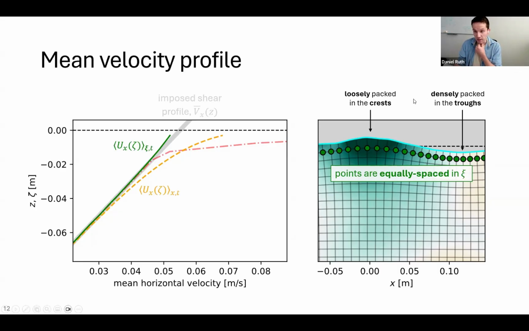And the result here is that we're going to have loosely packed points when put back into the lab frame under the wave crests, and densely packed points in the wave troughs. And this is going to bias us towards the negative orbital velocities during the troughs. And this cancels out the Lagrangian drift. This is associated with us being attached to the surface, and lets us recover the mean profile that we're expecting.